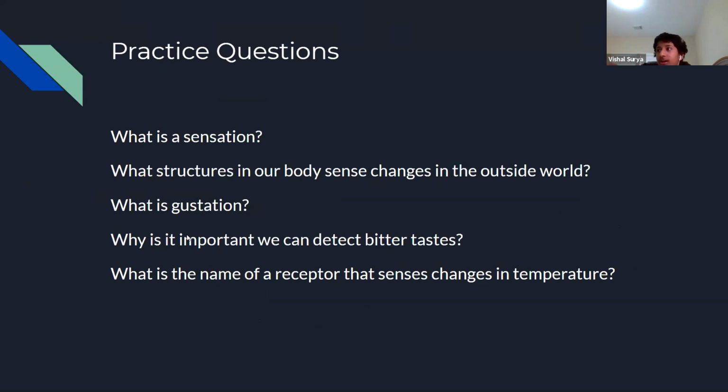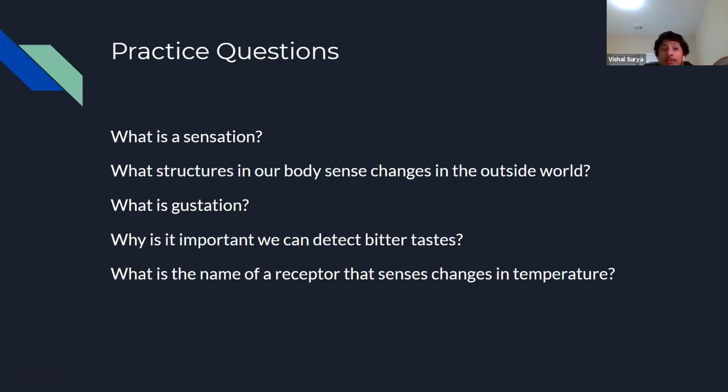So yeah, type your answers in chat right here, or just ask any question you have about any topic. We can go over the answers to the questions if no one has any question about the stuff.